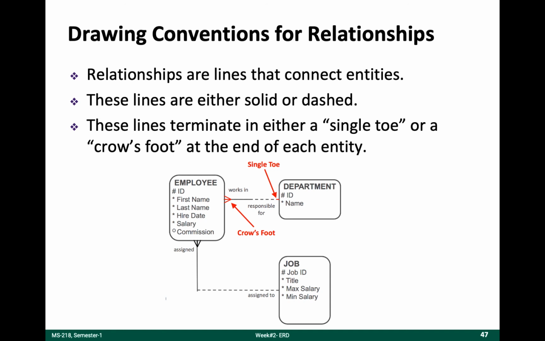And similarly for job, each job may be assigned, because this is a dashed line, to one or many employees, because there is a crow's foot on the employee entity towards the job entity.